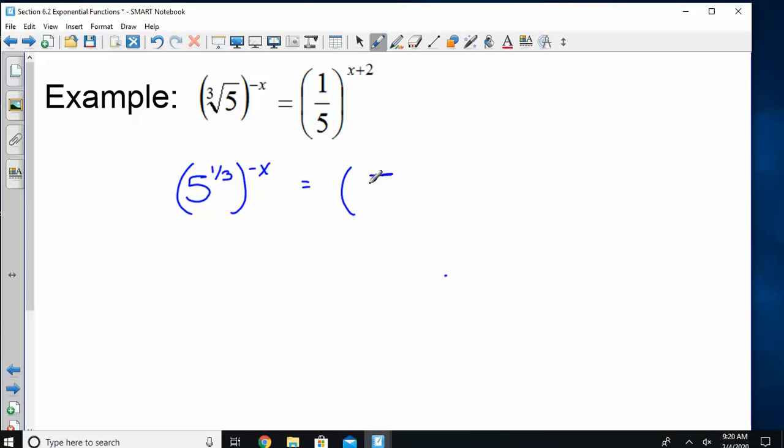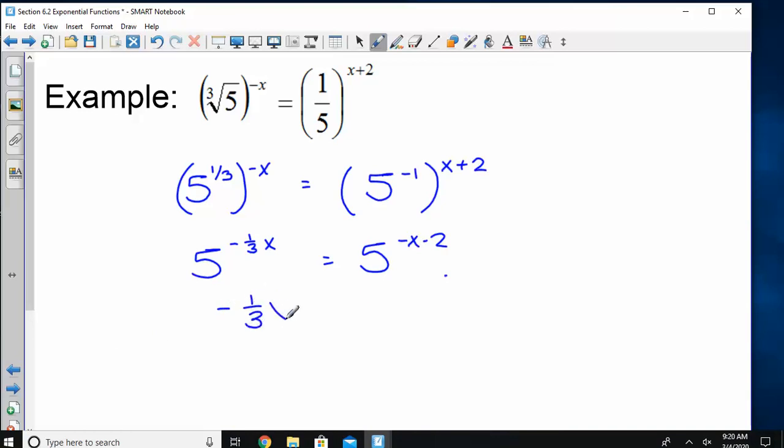5 to the negative. Yes. Okay, power to a power we multiply. So then we can drop our base.